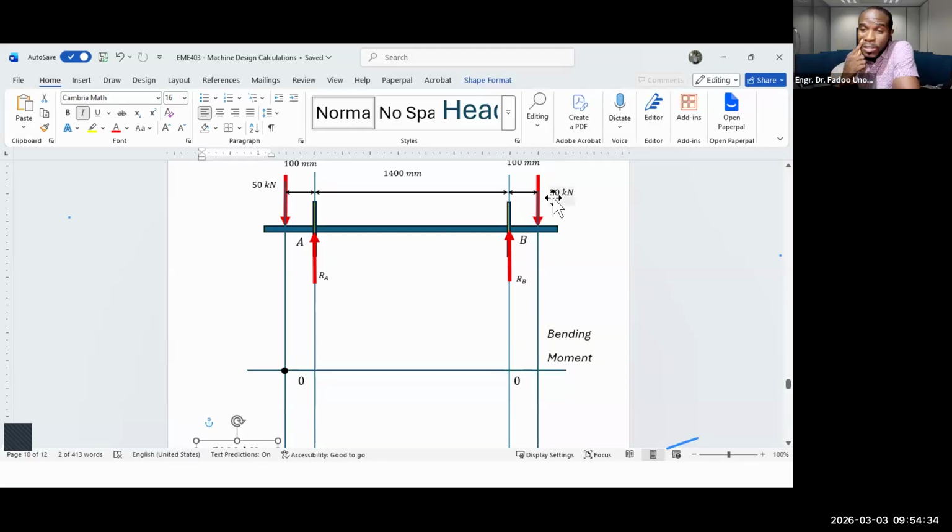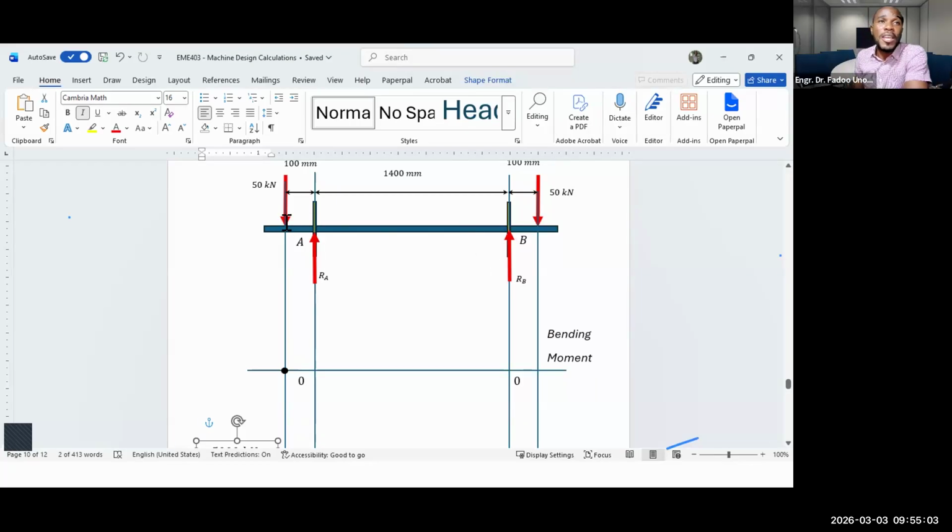But for consistency, the reason why I'm deciding to choose the right-hand side is only because it makes my calculation easier. If you want to know the actual value of the actual signage, consider the forces on your left-hand side. Please follow me very, very carefully. Let's test this to see if we'll have the same thing.